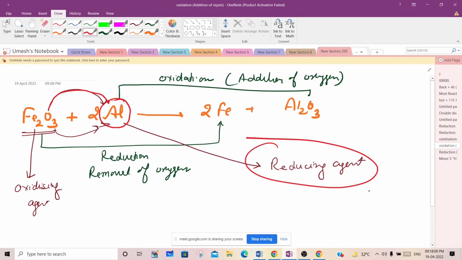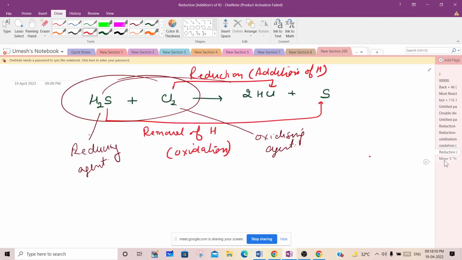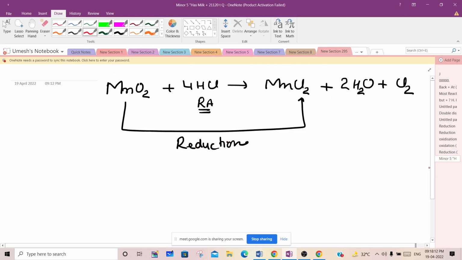So it's not 100%. I need to see the equation. So this HCl is responsible for the removal of the oxygen from the MnO2, and that is why it is a reducing agent. Is that clear?